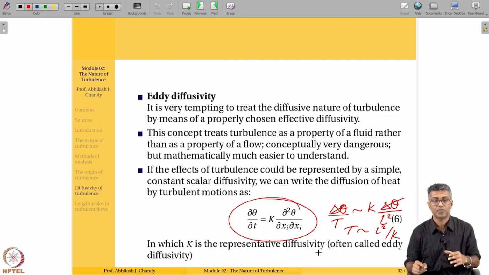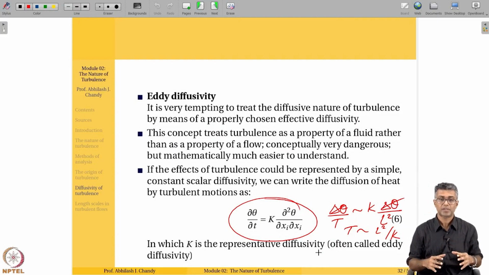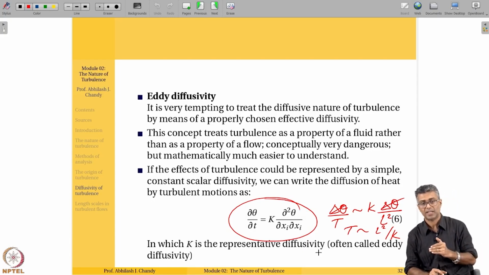And in eddy diffusivity, the argument was that we are violating one rule by considering eddy diffusivity, because we are trying to represent the turbulent flow like we would represent molecular diffusion. So like a heat transport equation. Del theta del t is K del squared theta del x i squared, where K becomes the eddy diffusivity.